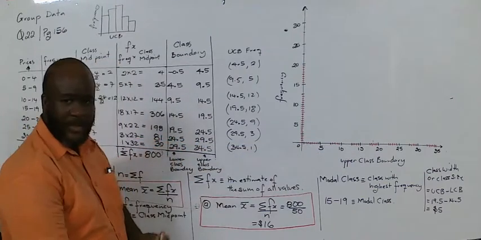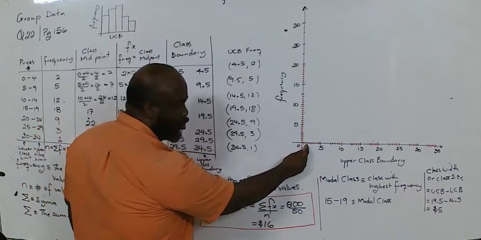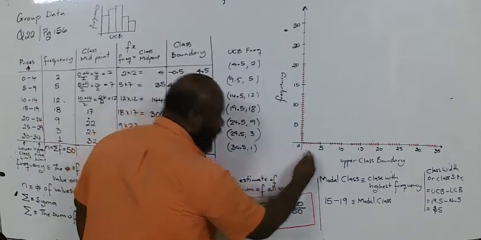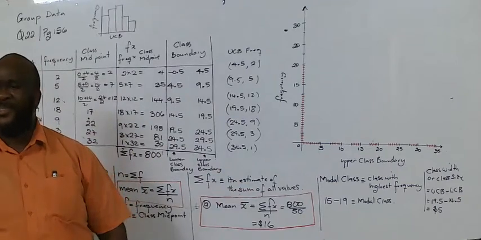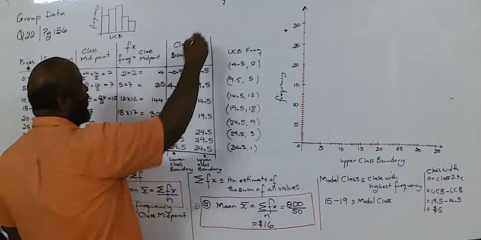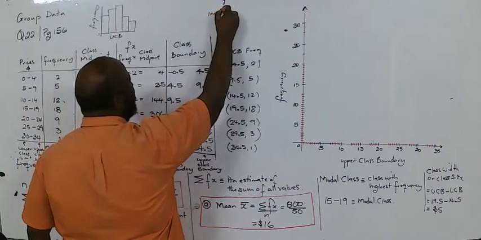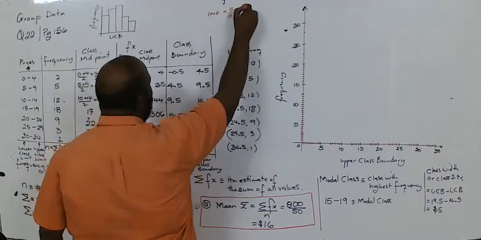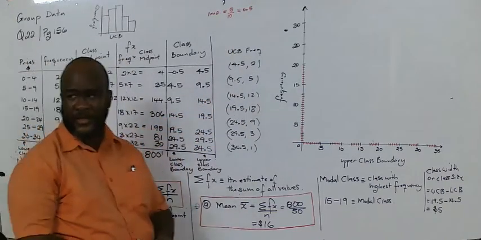10. Watch here. 1, 2, 3, 4, 5, 6, 7, 8, 9, 10. The 5 units are divided into 10 equal parts. So you divide 5 by 10. Each of them is what? 0.5.